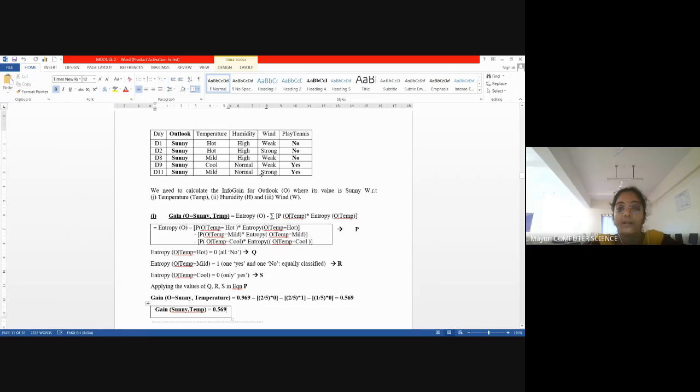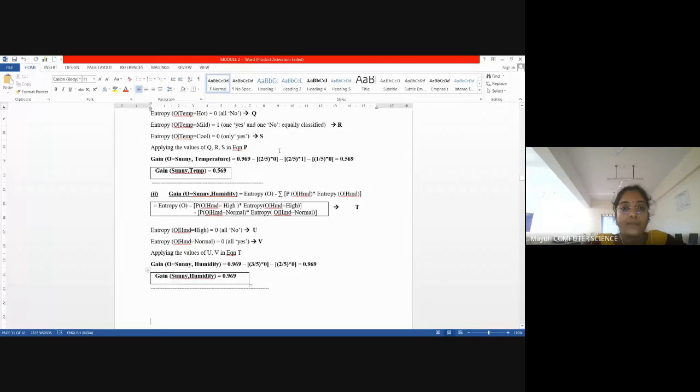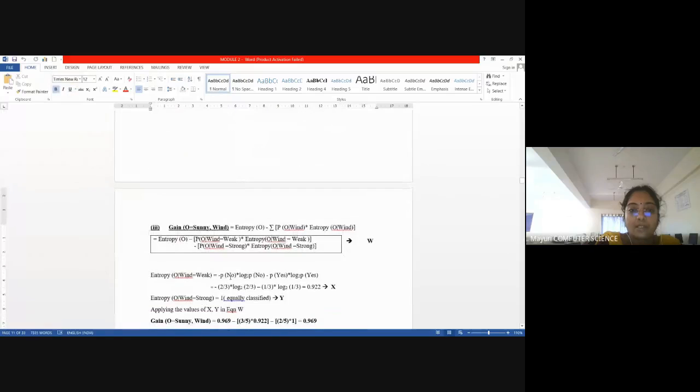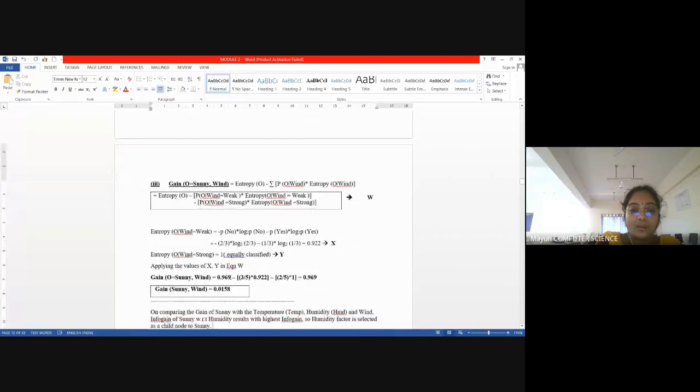Will you do that? Now we have done it with temperature. Now the same sunny you have to do with humidity and then wind. Find the different info gains of each. So I think I got it here 0.969. Next one is 0.0158.